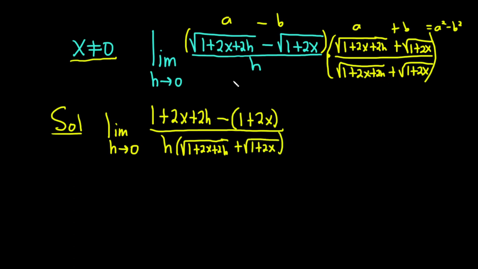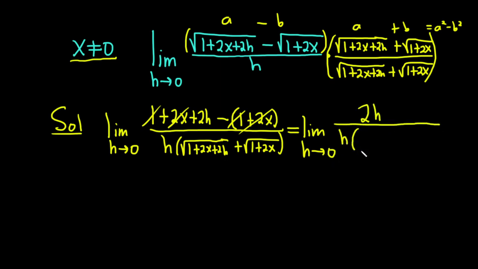It's really easy to forget it. There's a minus 1 here, so we can distribute it. And you can see when we do that, the 1's will cancel, and also 2x will cancel with the negative 2x. So we're left with the limit as h approaches 0 of 2h over h, parentheses, then we have the square root of 1 plus 2x plus 2h plus the square root of 1 plus 2x.